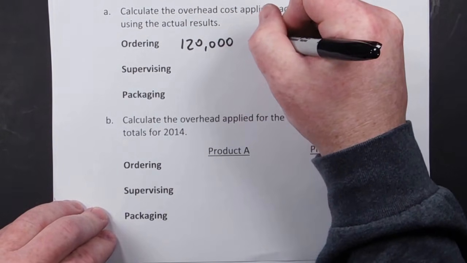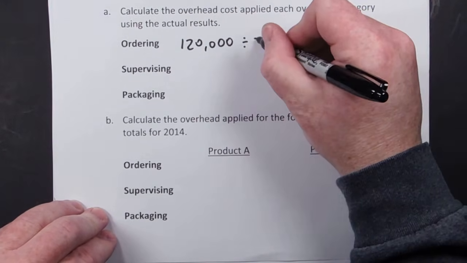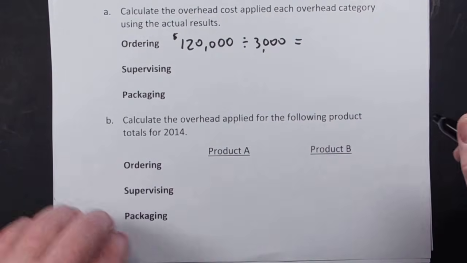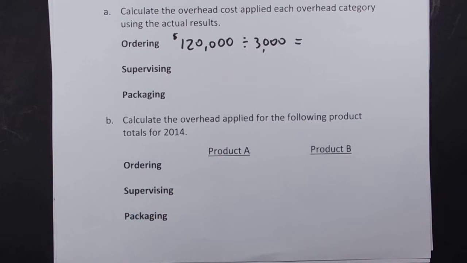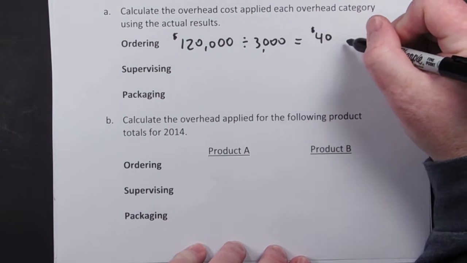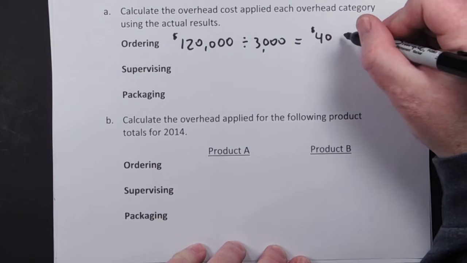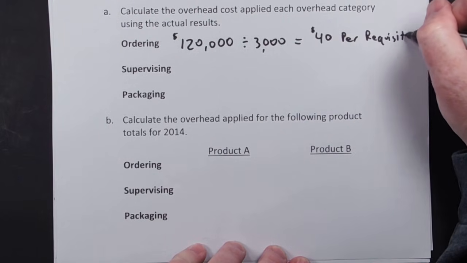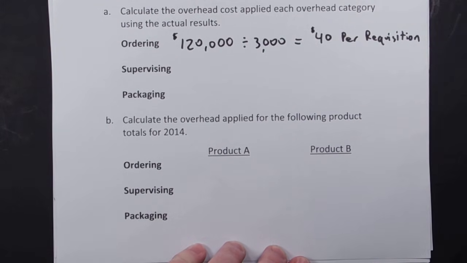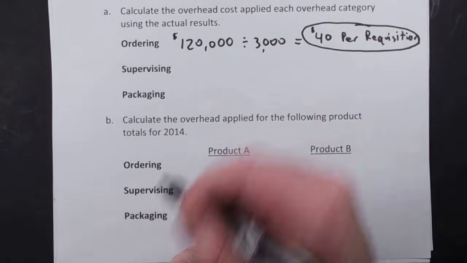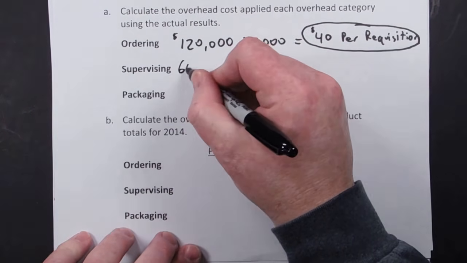We're going to take our ordering divided by the total of 3,000 per requisition. Requisition again is just a formal way of asking for inventory. You requisition something means you're asking for it, basically.